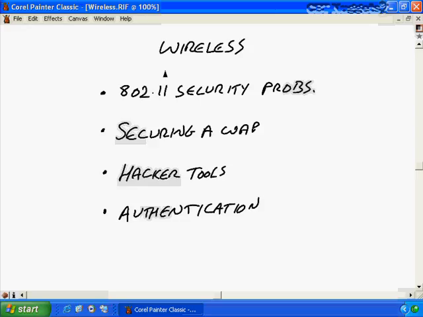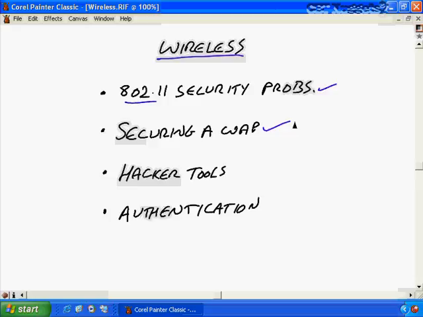In this nugget, we discussed wireless access points and wireless insecurity, so to speak. We started off with a discussion of the various 802.11 versions, A, B, and G, and some statistical information about them, as well as security problems inherent particularly with 802.11b and the Wired Equivalent Privacy protocol, which can be easily cracked given enough time. We also talked about securing a wireless access point.